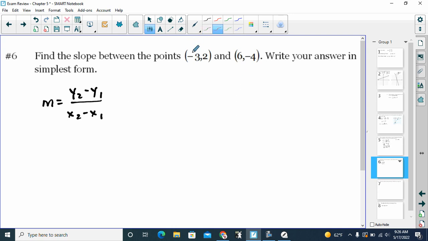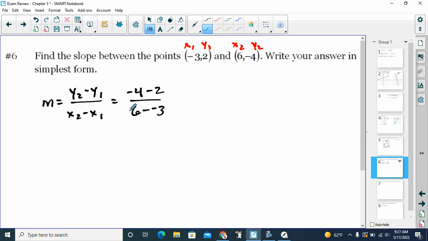I would go label your points. This is the x value of the first point and the y value of the first point. The x value of the second point, the y value of the second point. So now we can plug in where things belong. y2 is -4 minus y1. y1 is 2 over x2. x2 is 6 minus x1, which is -3.